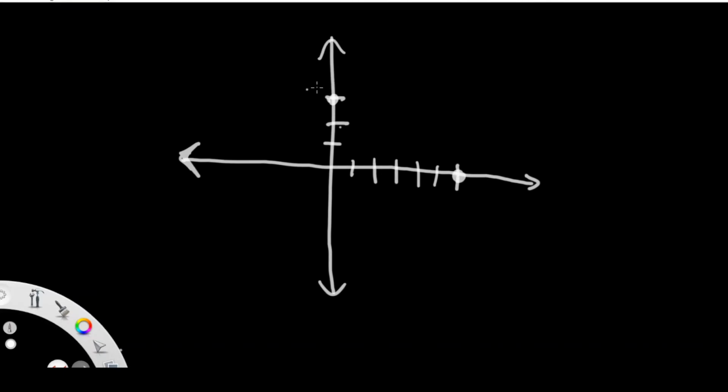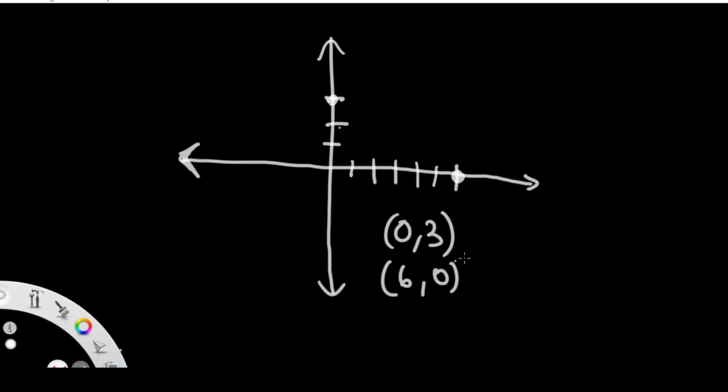Now we can either write down the line like so, or we can use the slope formula to find the slope. The y-intercept 3 would be 0, 3 as the coordinates, and similarly the x-intercept 6 would be 6, 0.